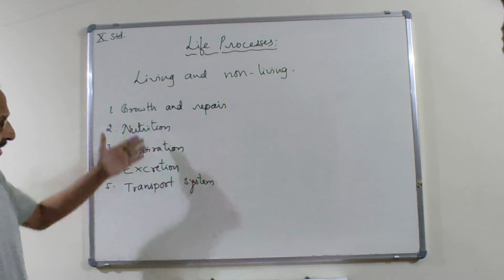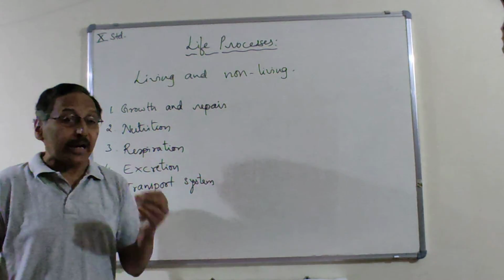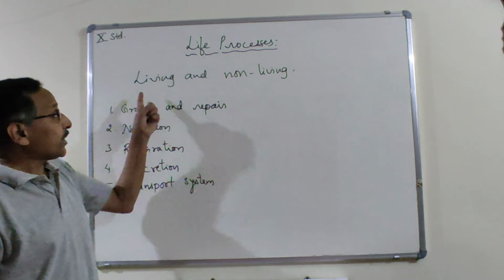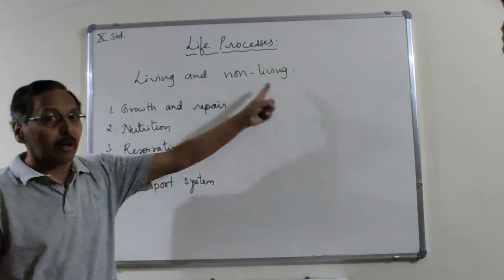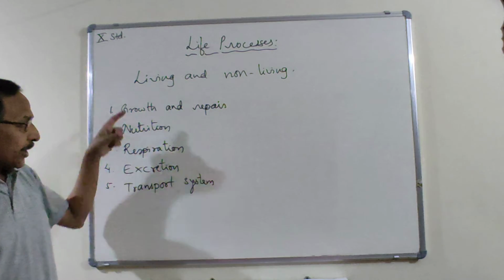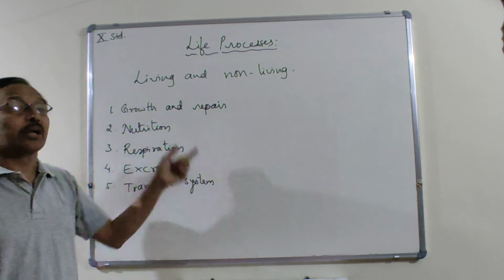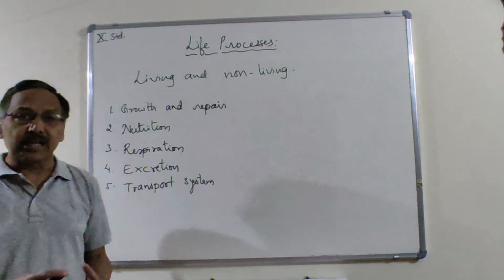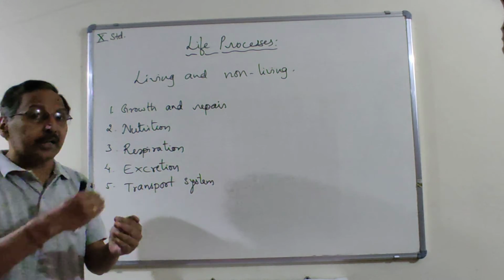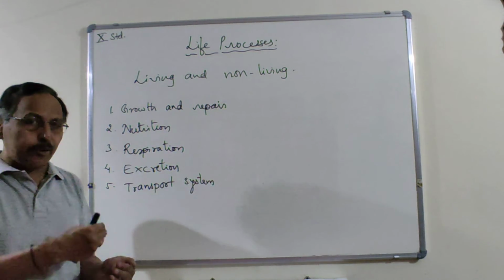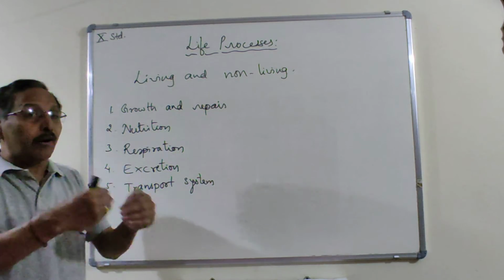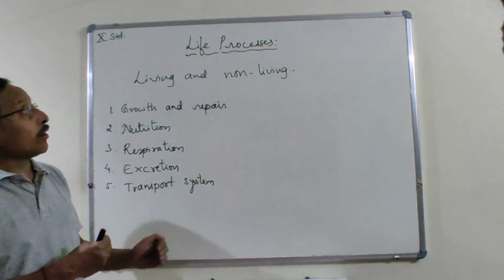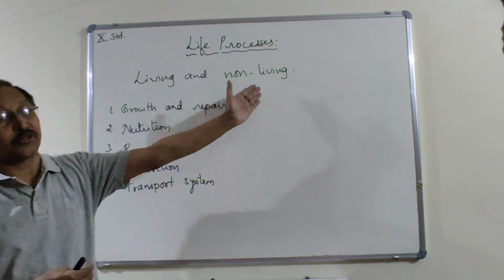Right? So these are some characteristics or activities which distinguish a living from a non-living, and these continuously will be taking place in our body. So such activities which are required for the maintenance of life or continuation of the living organisms we call as life processes.